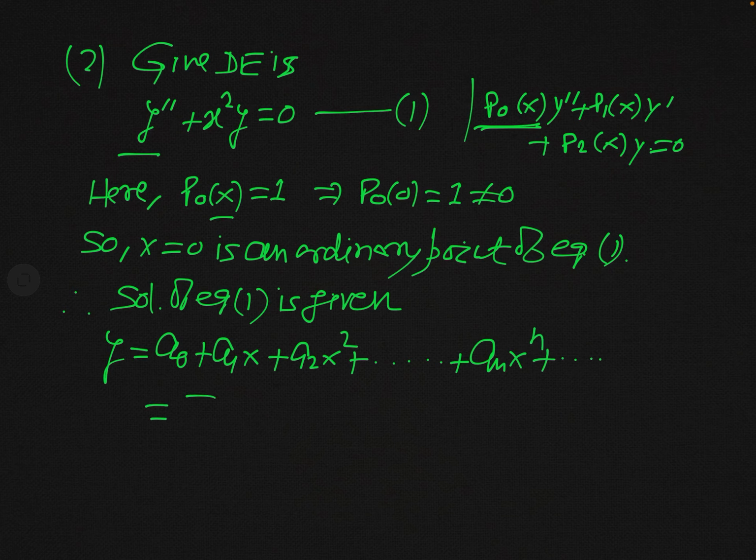And in compact form, we will write it as summation k 0 to infinity ak x to the power k.